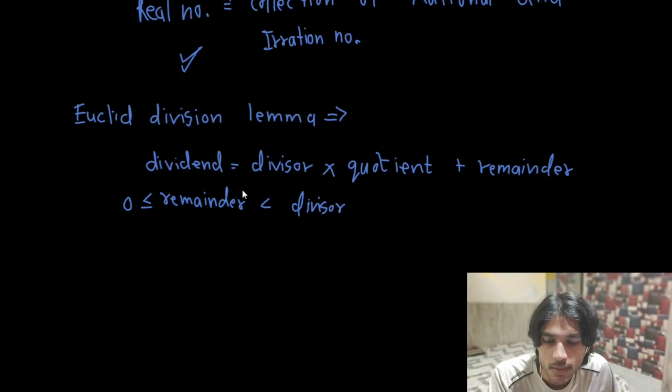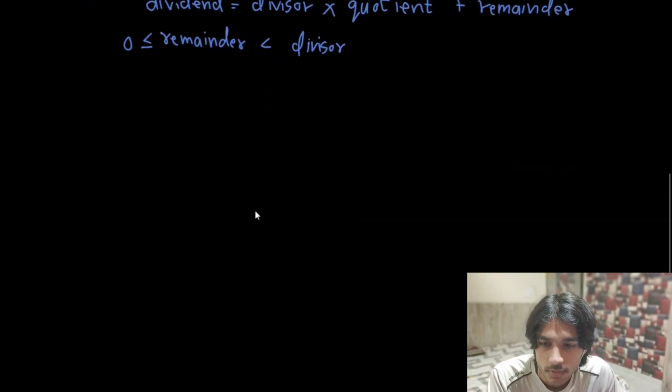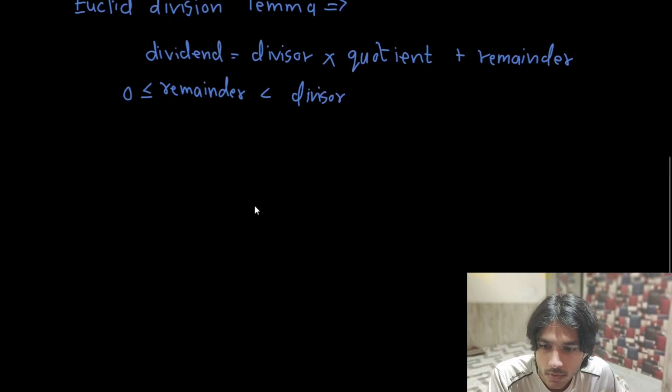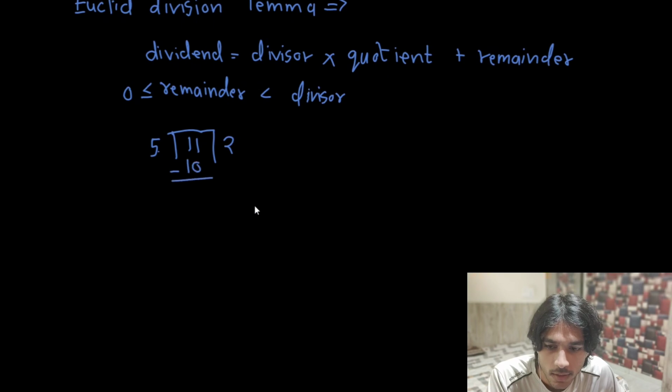So what do I mean by that? Let me just give you an example. Suppose we divide 11 by 5. So we will get something like this, right? 5 2s are 10, and when we subtract 10 from 11, we will get 1. So let's verify whether dividend equals divisor multiplied by quotient plus remainder holds or not.